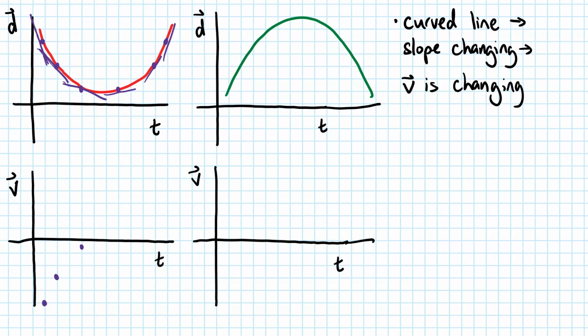For the point right after it, you're still flat, so your velocity is close to 0, but this time you're going in a positive direction. You're sloping upwards. So flat, but in the positive direction. That point should be around here. Next point, a bigger number for velocity, so you're going faster in the positive direction. And then the last point, very fast in the positive direction.